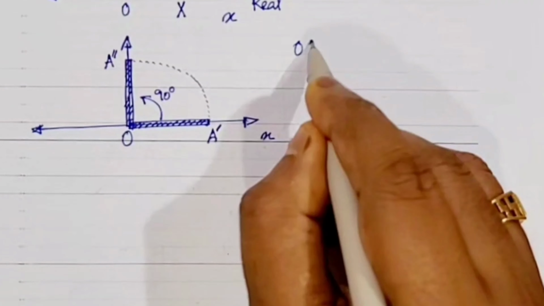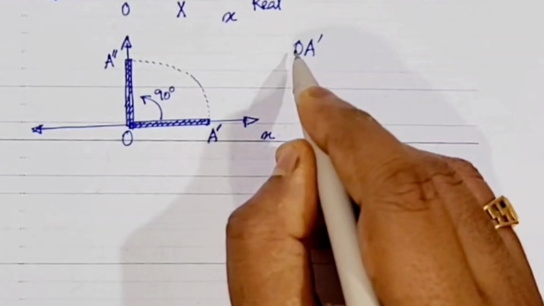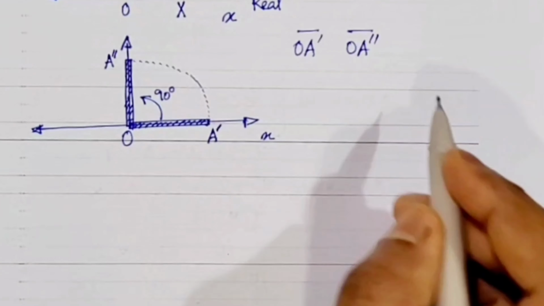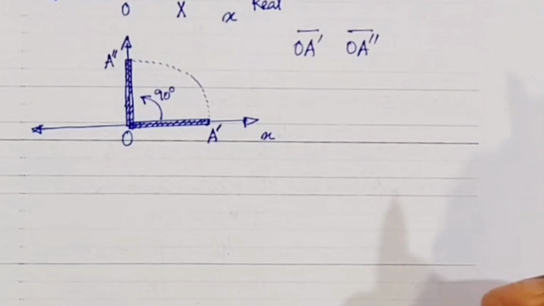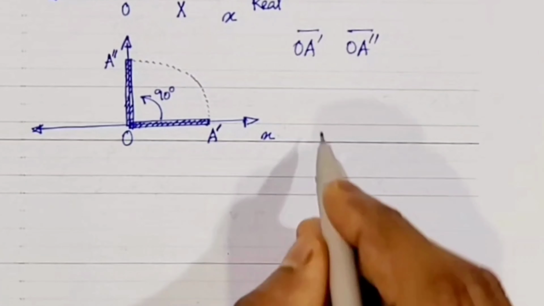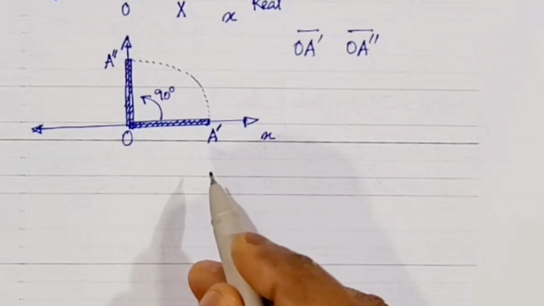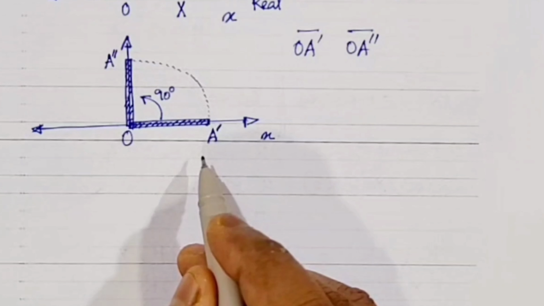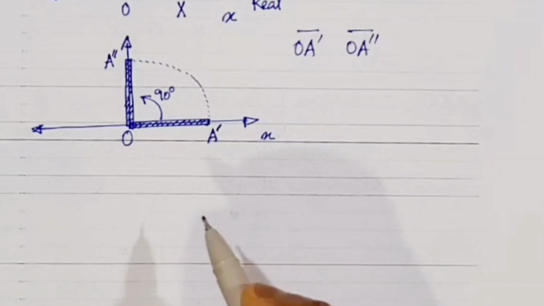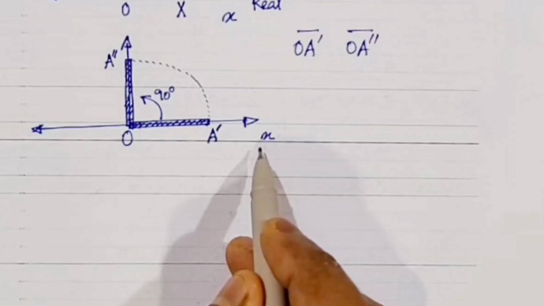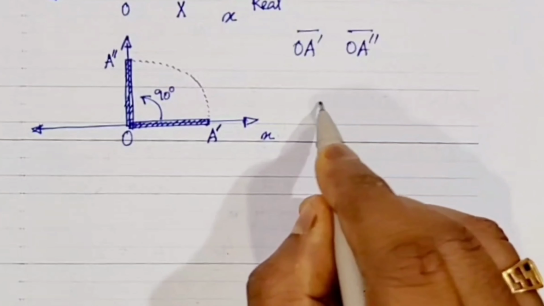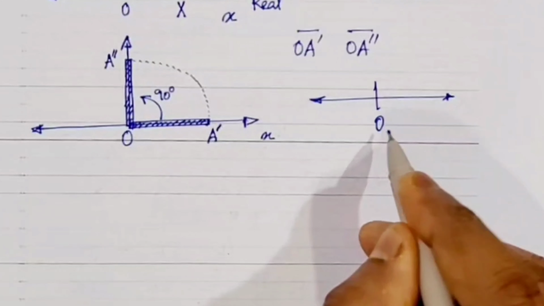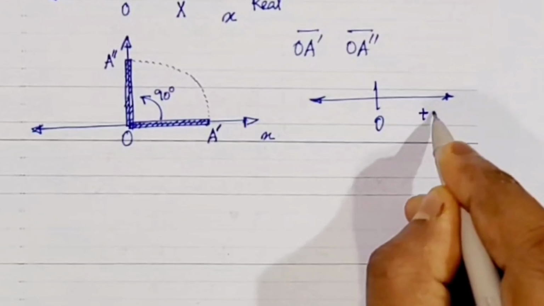So OA prime and OA double prime, magnitude wise, are exactly the same. Now, what is OA prime? OA prime is denoting a magnitude of OA prime units. This x-axis will have units. So let's say for a real number line, anything towards the positive side, the unit is +1.